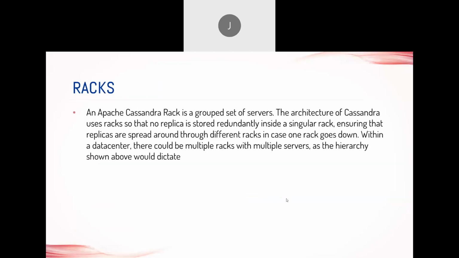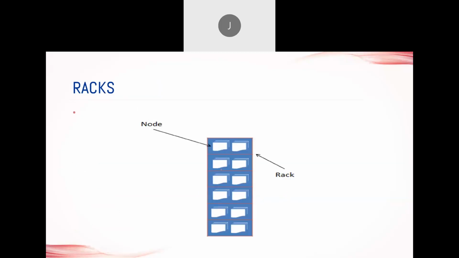You can Google how a data center looks. A rack can have multiple nodes. A node is a computer machine or any commodity hardware which is storing your data, with a hard disk to store your data, and that can be kept in a rack.